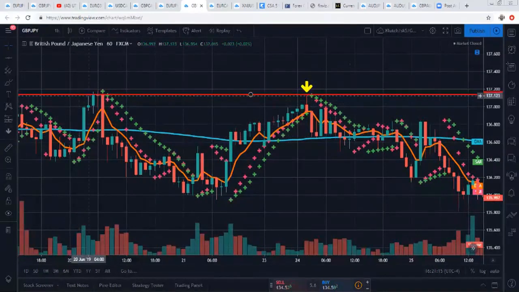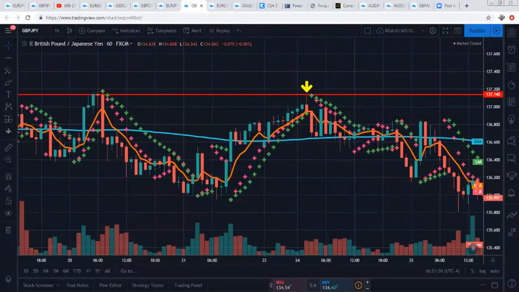You put your horizontal line right here and you put a sell limit at this number, 137.140. So the next time this trade came up and hit this line at 137.140, it activated the trade. It put you in the trade, which was a sell limit.